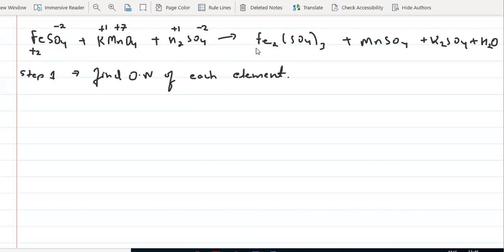Now in Fe2(SO4)3, the charge of Fe is +3, because Fe2(SO4)3 has three SO4, so the charge is +3, and on SO4 it is -2 only. Now MnSO4, it is +2, SO4 -2. K2SO4 again +1, -2. H2O +1, -2.